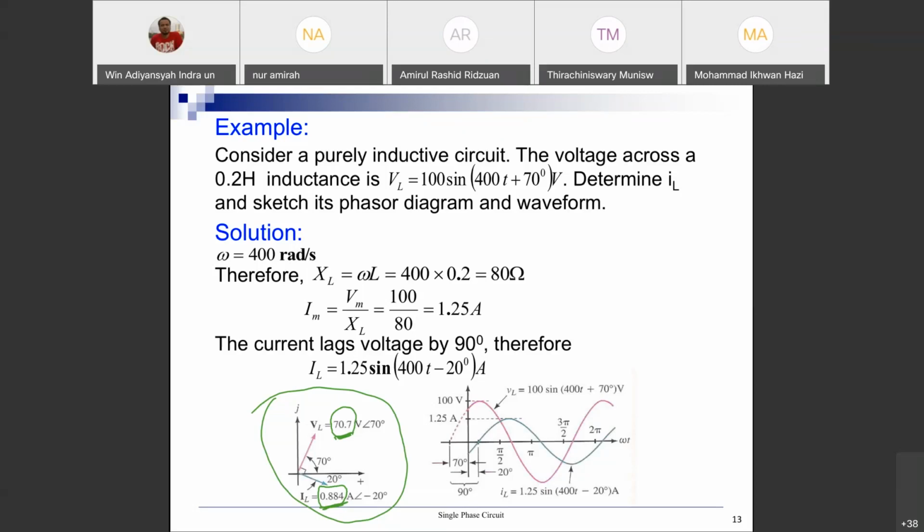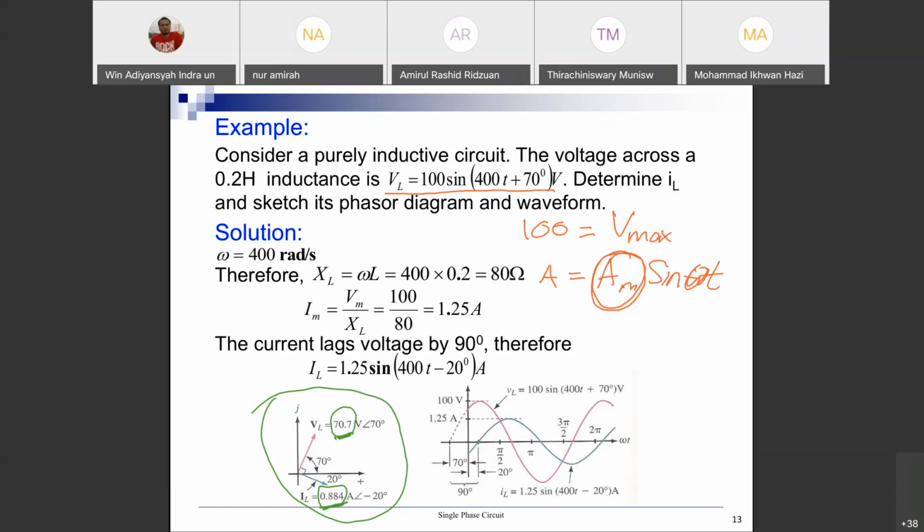The given one is VL: 100 sin(400t + 70 degrees). So 100 there is the V maximum, just like a normal sine wave with omega t. This one is always the maximum.